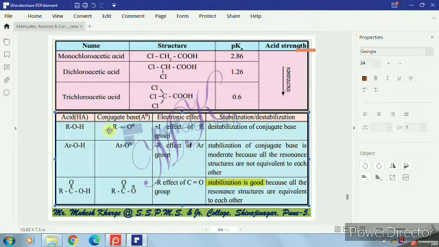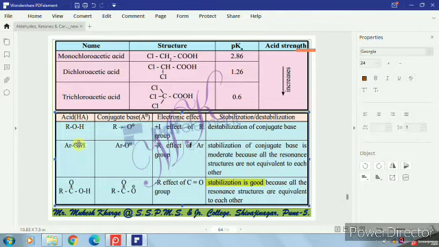So ROH cannot be easily converted into RO minus by loss of a proton or H plus ion. That's why alcohol is not eager to convert into alkoxide ion by loss of a hydrogen like an acid, because of the electron donating R group attached to that oxygen. So alcohol does not donate the proton, so it is not acidic in nature.